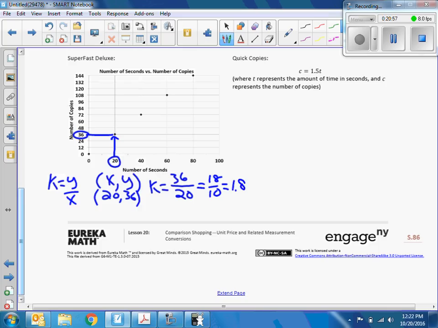And once I get a 10, then I can finish my decimal. 1.8 copies per second. Okay. This one, y equals kx.